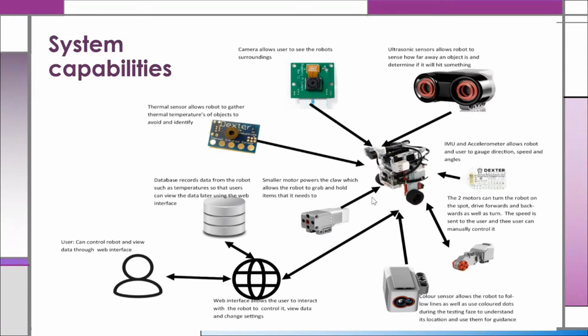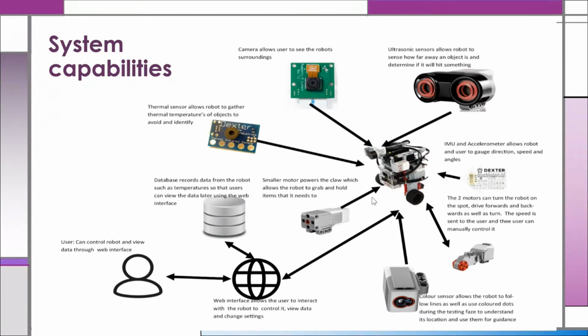So one of the things I also did was we purchased IMU sensors. An IMU sensor is like an advanced gyro sensor that can give you compass, acceleration, etc. And we also purchased a thermal sensor as well to go with it.